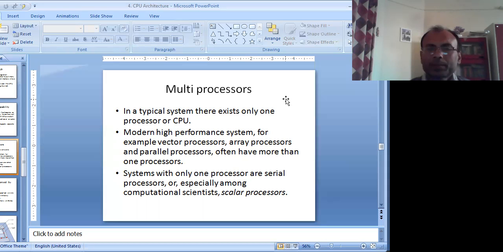Standard names for these multiprocessor systems are vector processors, array processors, and parallel processors. For example, the supercomputer is a parallel computer or multiprocessor system having the capability of processing things in parallel.